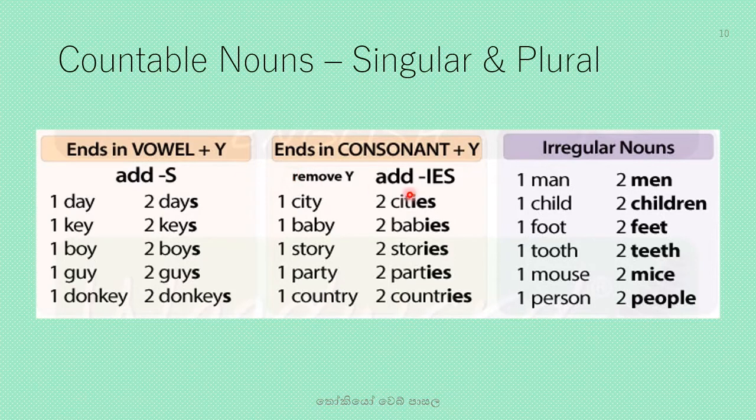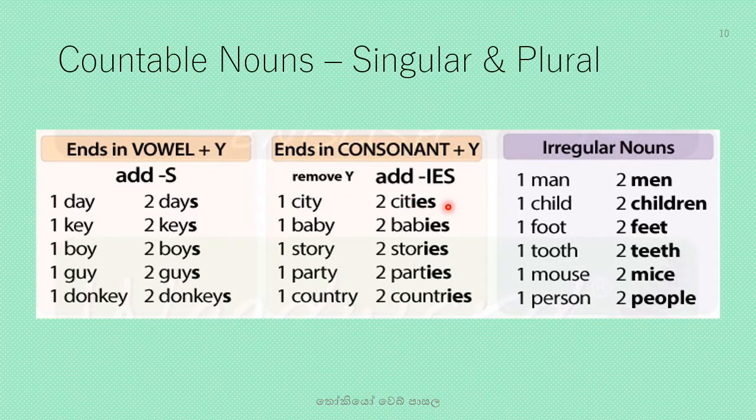So if our word ends with a consonant followed by a Y, as in city, where T is a consonant followed by Y, or baby, B followed by Y, then we remove the Y and add IES.